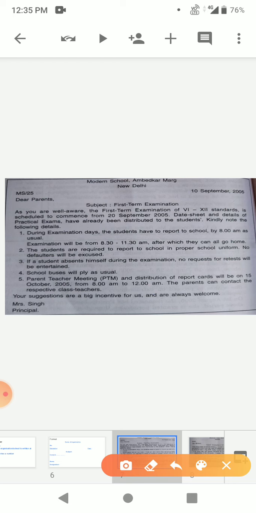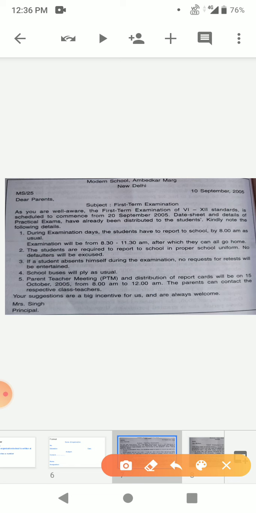Subject: first term examination. As you are well aware, the first term examination of 6th to 12th standards is scheduled to commence from 20th September 2005. Date sheet and details of practical exams have already been distributed to the students. Kindly note the following details. Then he has mentioned in numbers, you can also do the same.